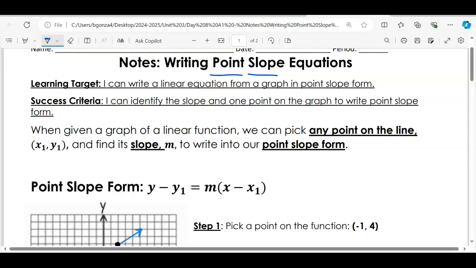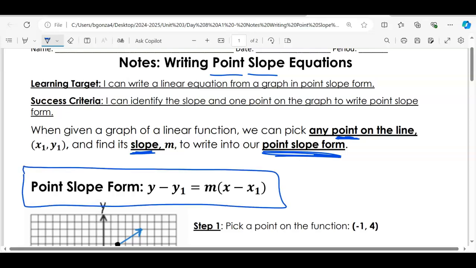Now look, it says when given a graph of a linear function, we can pick any point on the line, and then we can find its slope. So if you got a point and you figure out the slope, you're going to use the point slope form or formula or equation. Now look, I want you to box this. This is the important information of the day.